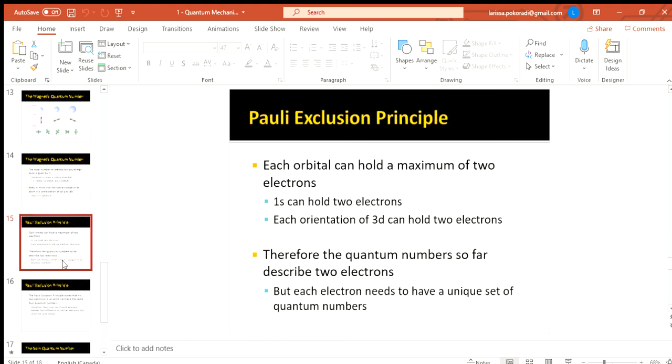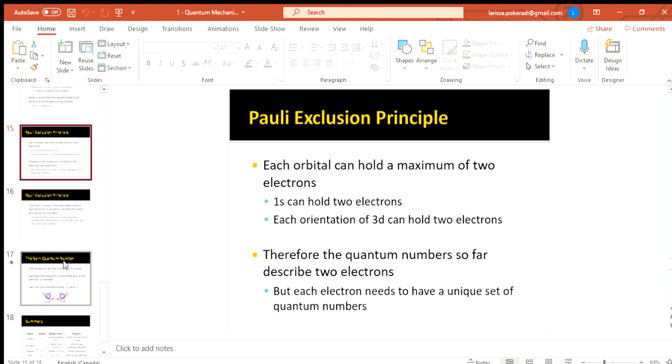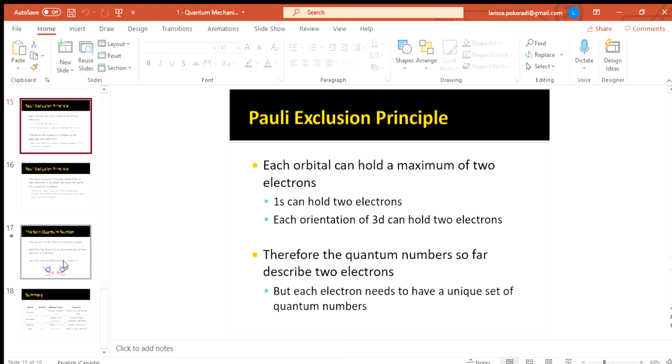Okay, we're almost done. We've gone through the first 3 numbers, and I said we have to throw a 4th one in. That's because every single electron on an atom has 4 separate numbers that make it completely different from any other electron.